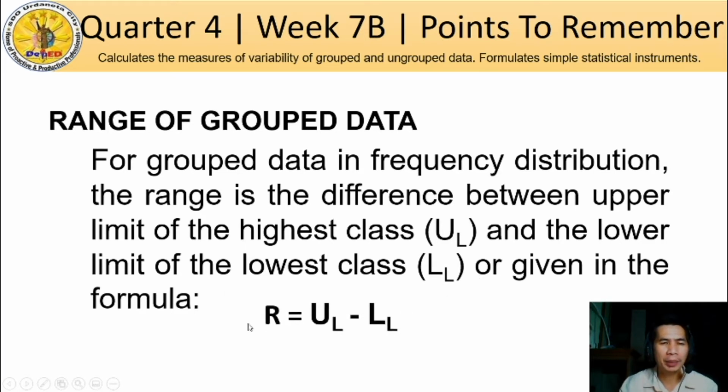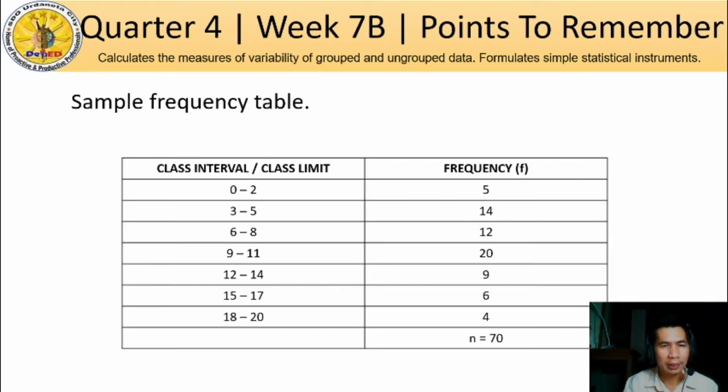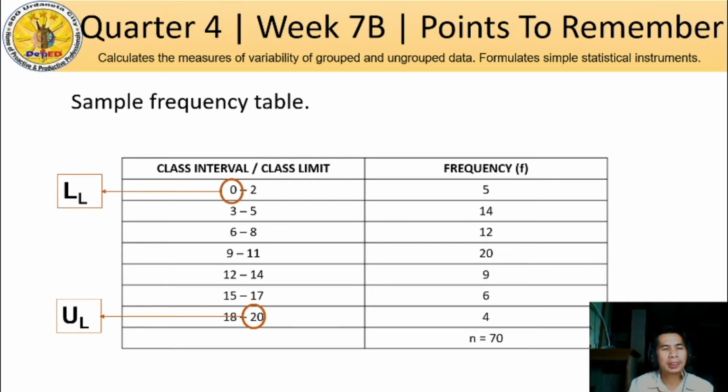We have here R, which is the range, equals the upper limit of the highest class minus the lower limit of your lowest class. So, dun sa naibigay na example natin kanina, yung R natin is 20 minus 0. So, therefore, your range is 20.